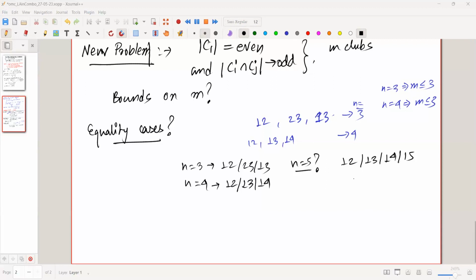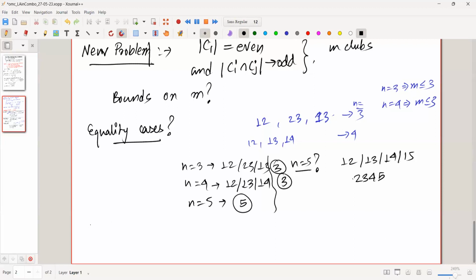Can I just add {2,3,4,5}? Right, so for n equals 5, you get 5. So this is 3, this is 3, and for n equals 5, you get 5.